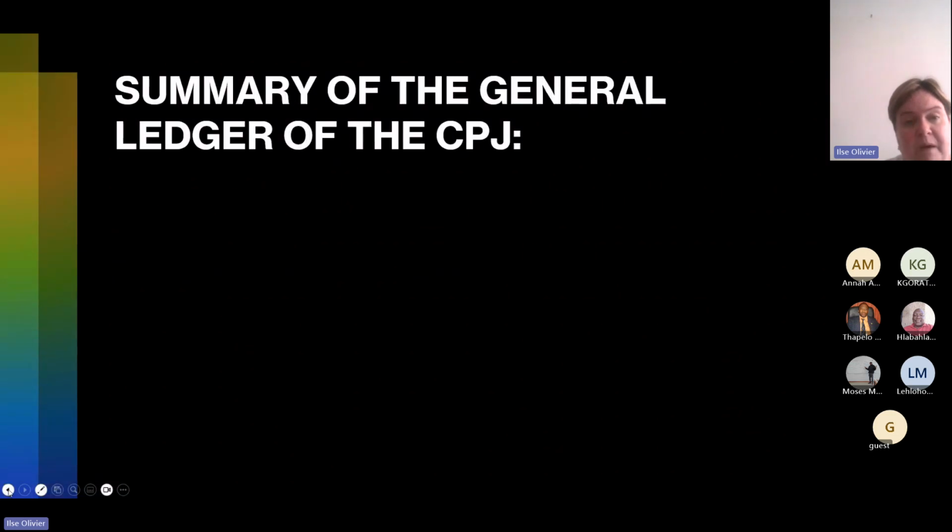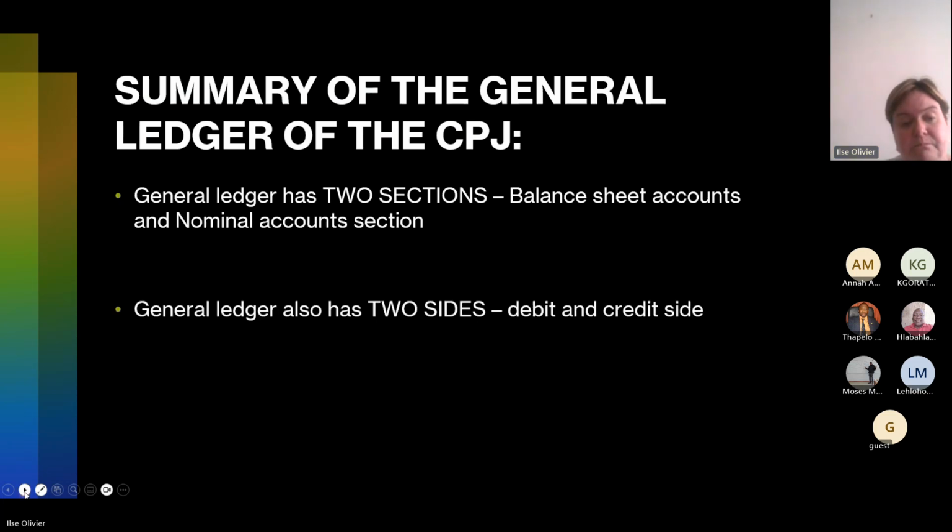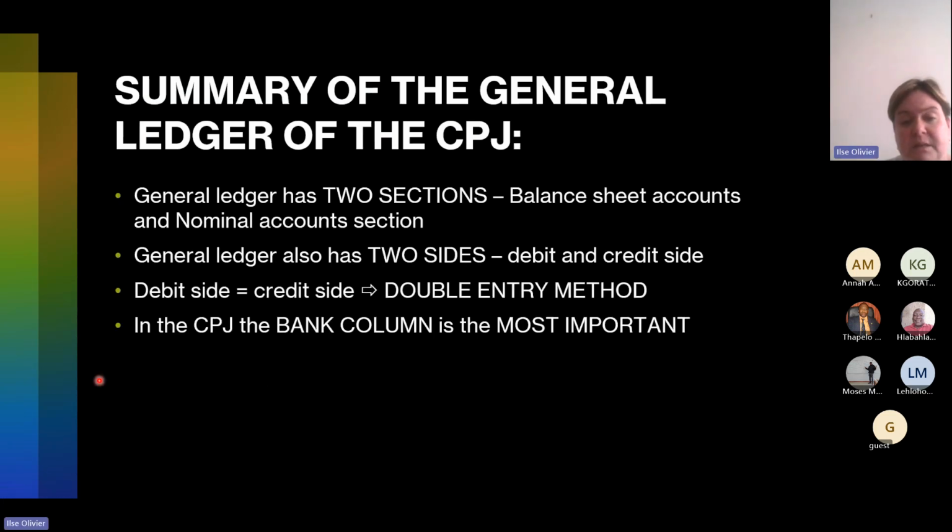So if we quickly go back to the previous slide, you will see if we take the 4,000 plus the 150,000 plus the 22,000 plus the 3,000 plus the 1,000 plus the 1,250, it will add up to the 181,250.